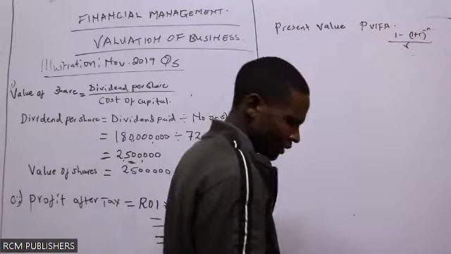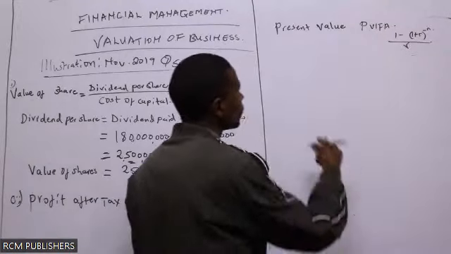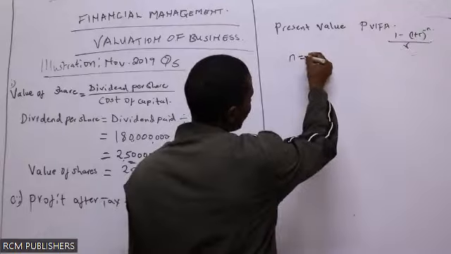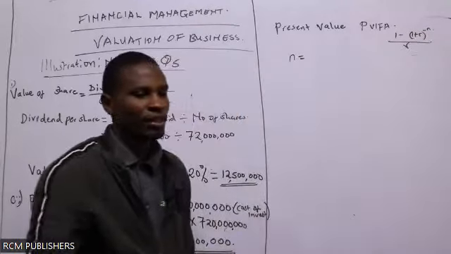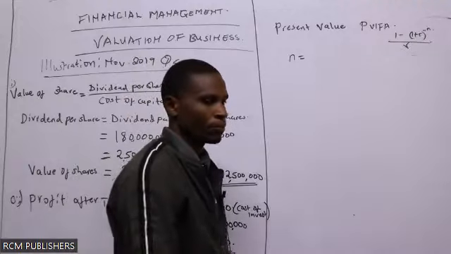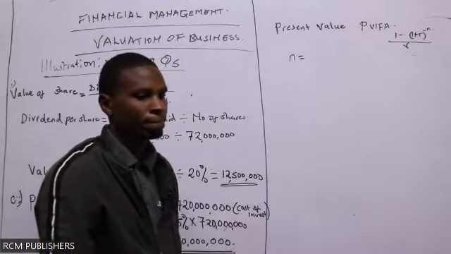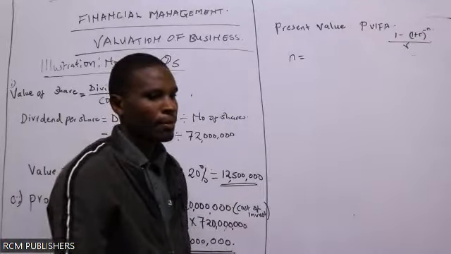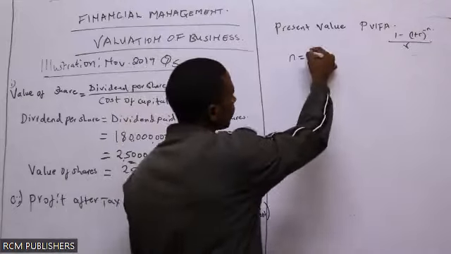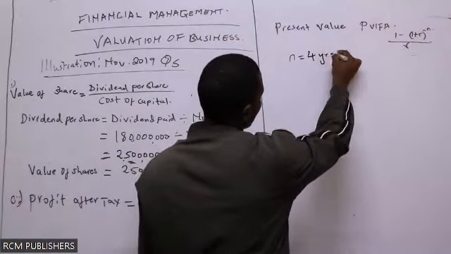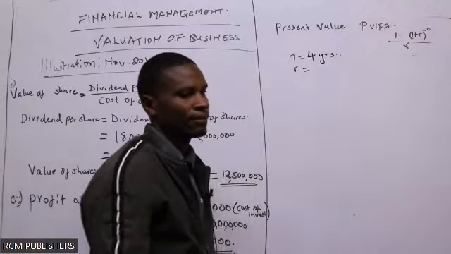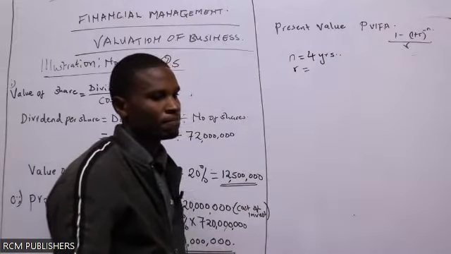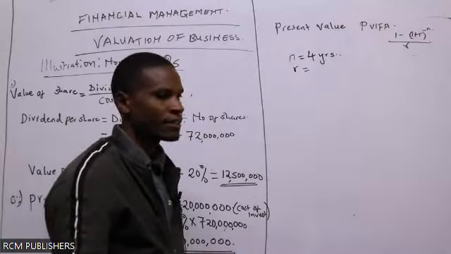So I ask myself, what is my N? Kindly give me N. It's something that you know. 4. Then what is my R? In this case, 20%.